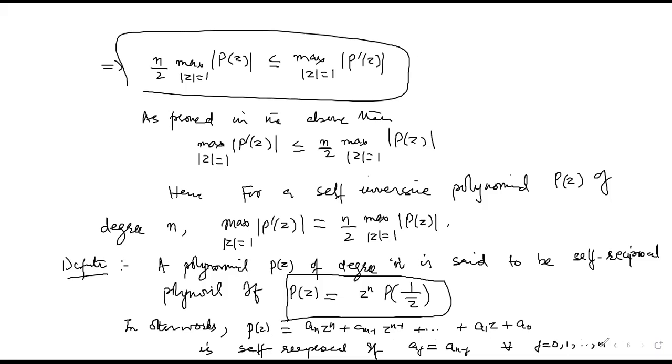There was a bar there; you can easily check this is always true. Of course, there are examples too; you can easily construct any example by just putting aj equal to a n minus j. Just for example, you could take this polynomial z raised power n plus 1. This is of course self-reciprocal as well as self-inversive. So you can easily again check p of z is this. What would be p of 1 by z bar? Oh, right. So that would be equal to, just a minute, is it?